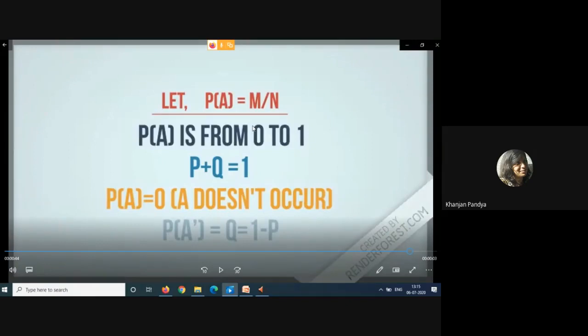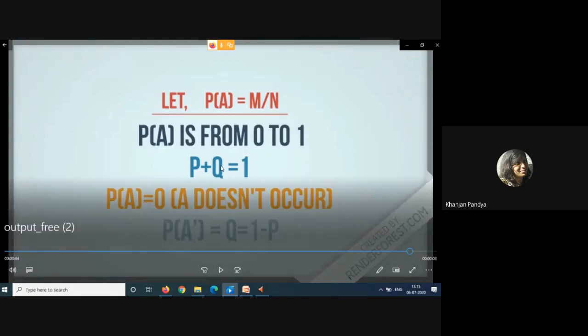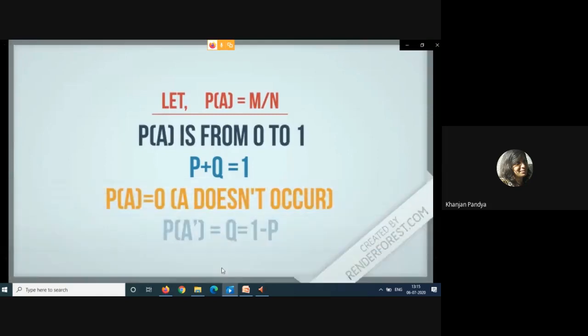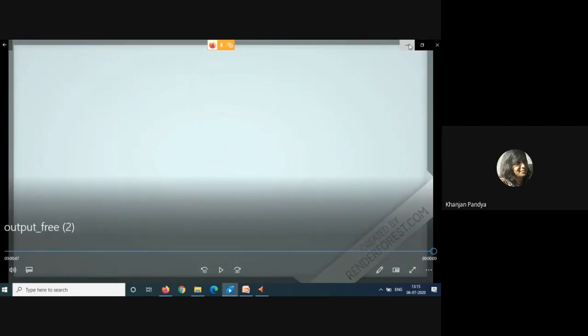And P of A is 0 if and only if A does not occur. Okay. And P of A dash, that is the complement event, q, small q, is 1 minus P. So it's all about the probability.